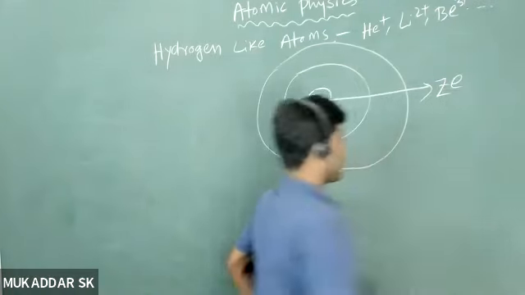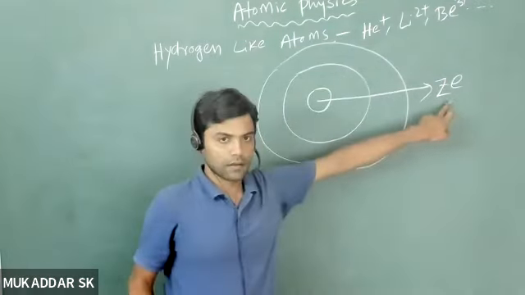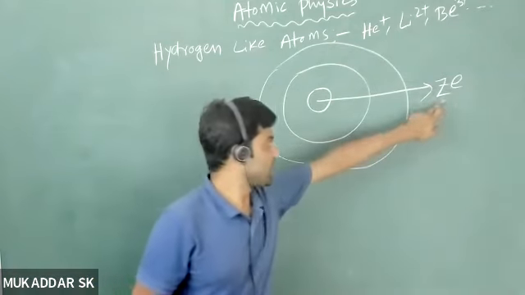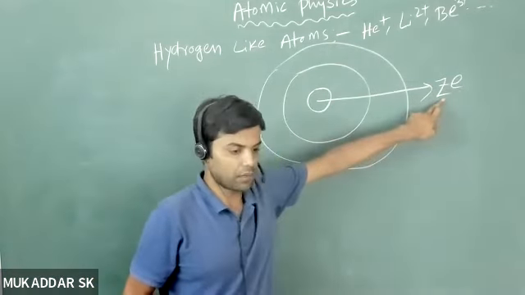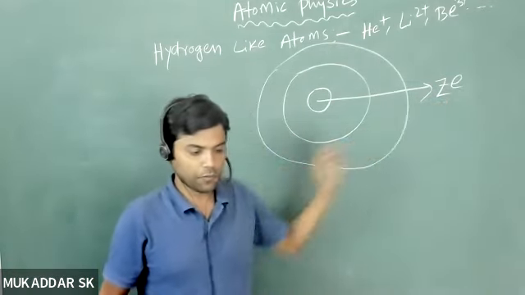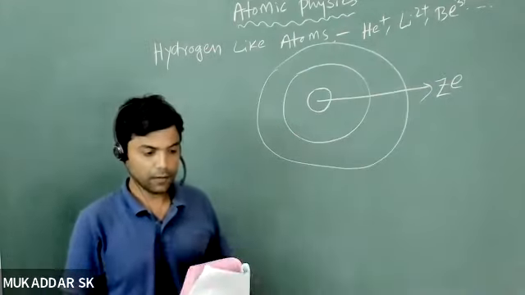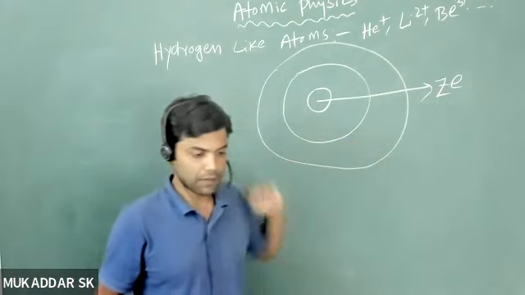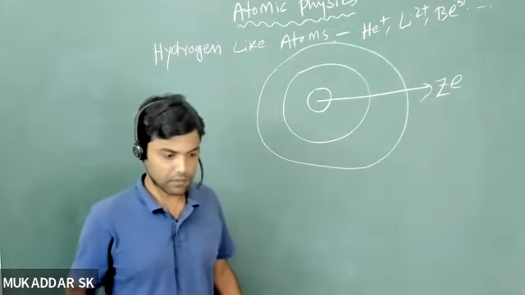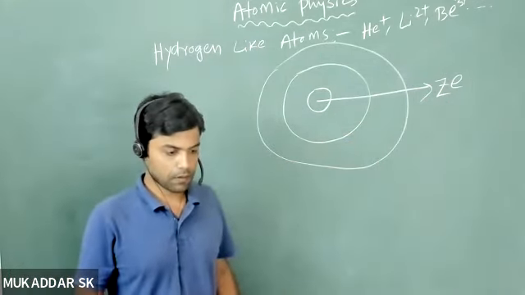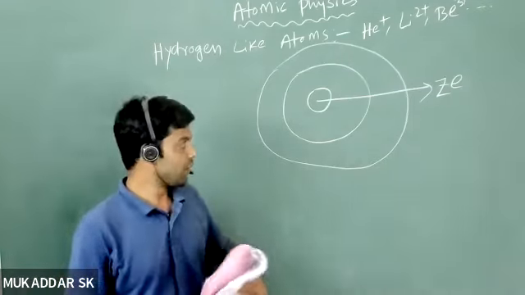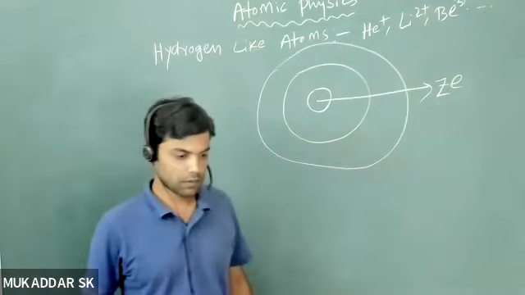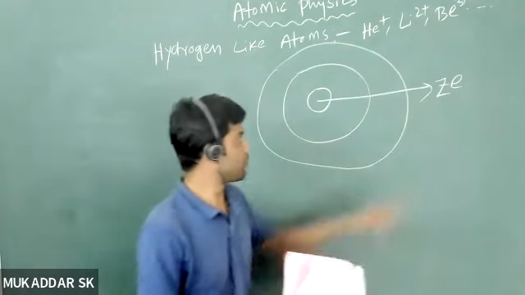Suppose the atomic number is Z, then the charge will be Ze. What will be Z for helium plus? It will be 2, very good.